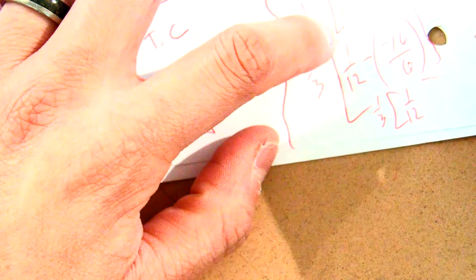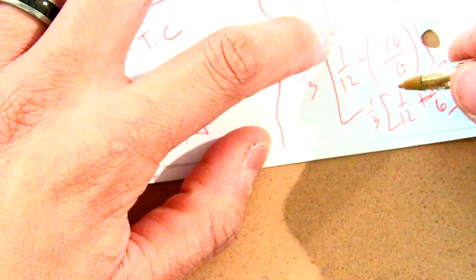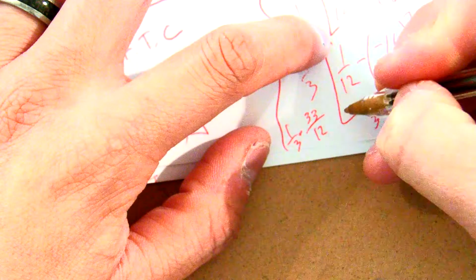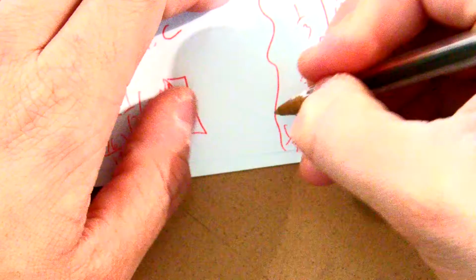So now we have 1/3 times 1/12 plus 16 over 6, true? And what does this become here? That's 32 over 12, so it's 33 over 12, which is 11 over 4 times 12. And usually 1 over 12. And isn't that 11 over 12? Yeah, 11 over 12.